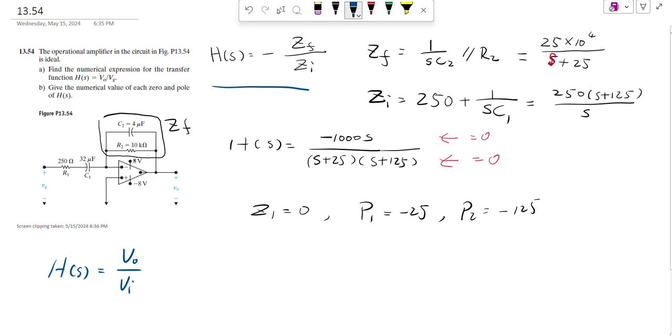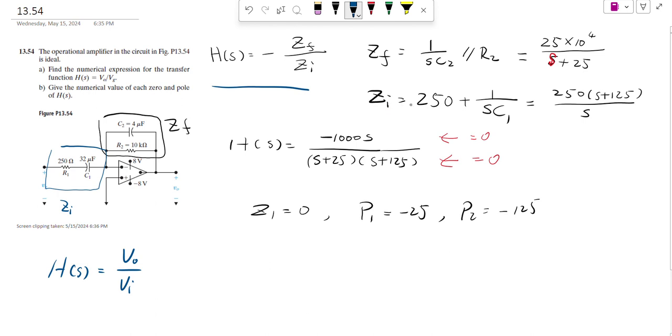ZF is the feedback impedance on the top, and ZI is the input impedance. ZF is 1 over SC2 in parallel with R2, and then you do the math and you get that one.